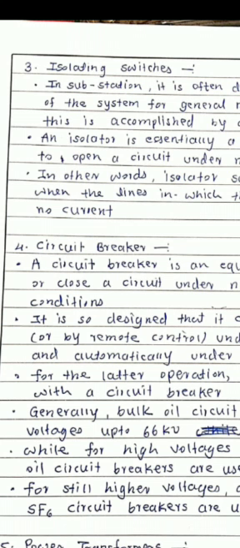Generally circuit breakers for high voltages and low voltage circuit breakers are used. For still higher voltages, air blast, vacuum or SF6 circuit breakers are used. So a circuit breaker is normally used to open or close the circuit.